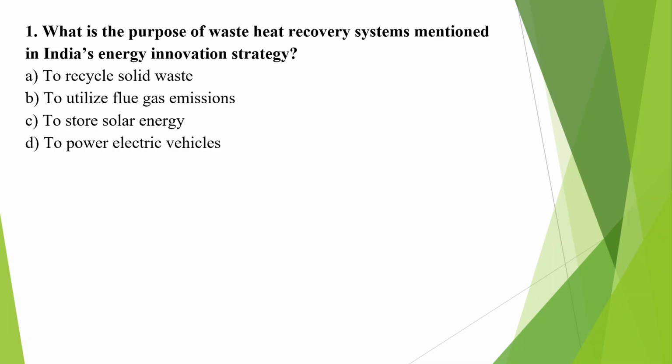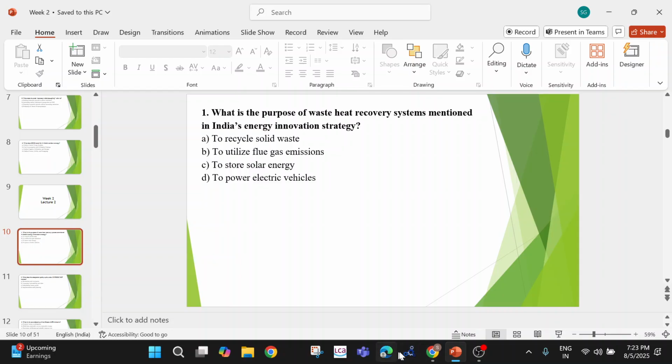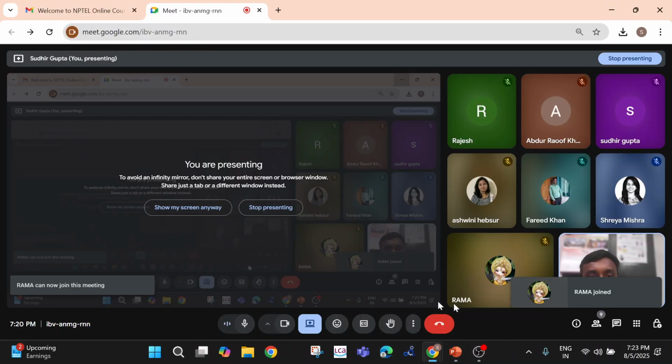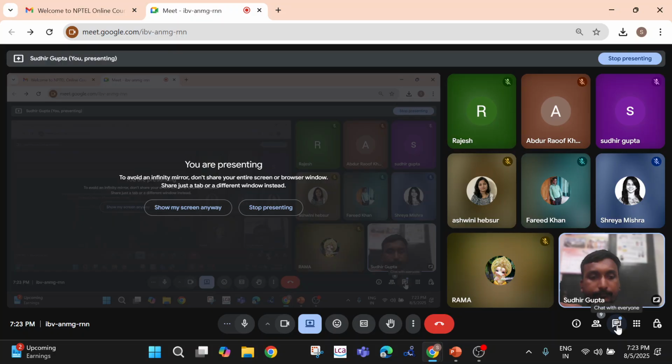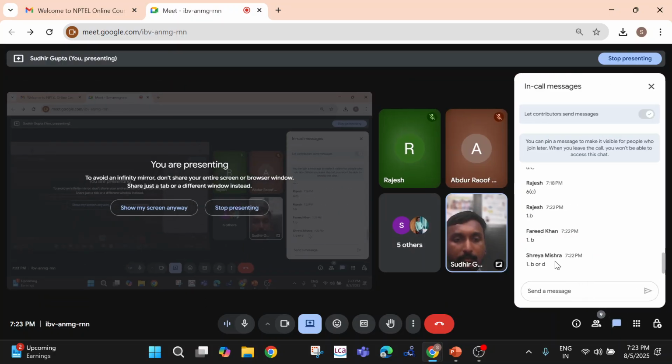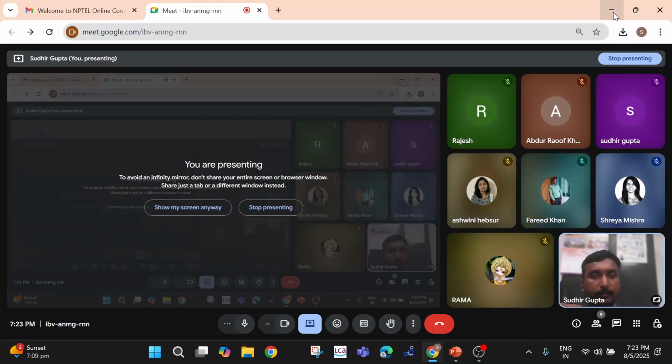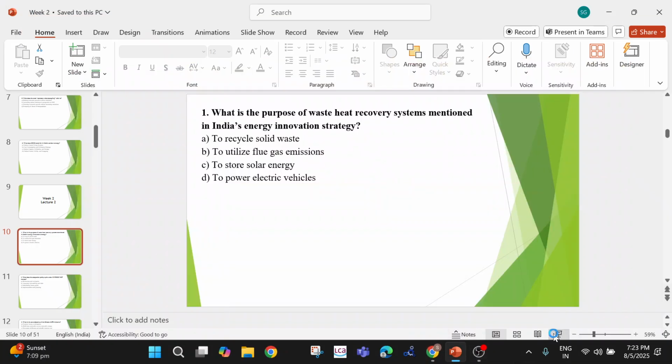As I can see, Rajesh and Farid have given option B as the correct answer. They have chosen it, and the others are in another phase. So let me discuss this particular question.